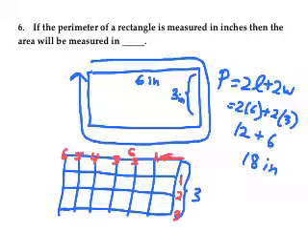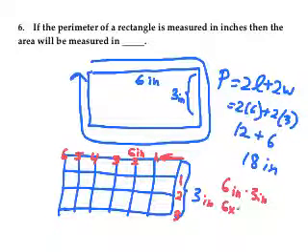Area, we multiply the length times the width, and these are inches, right? So we're not only multiplying 6, but we're multiplying 6 inches times 3 inches. It's just like if it was 6x times 3x. We would multiply the 6 and the 3, we get 18. And the x and the x, we get x squared.